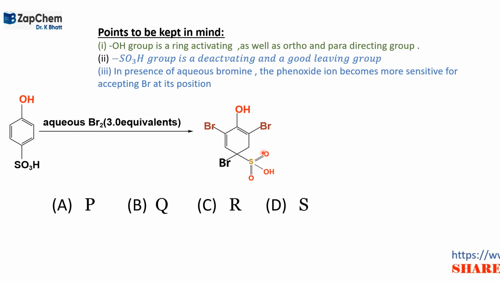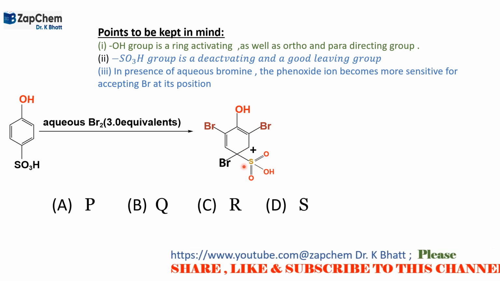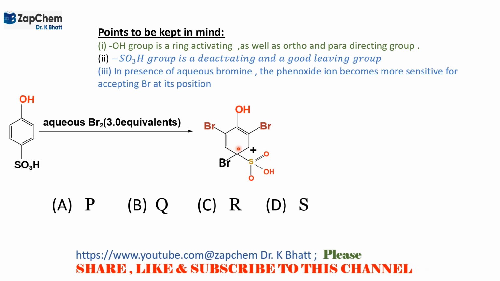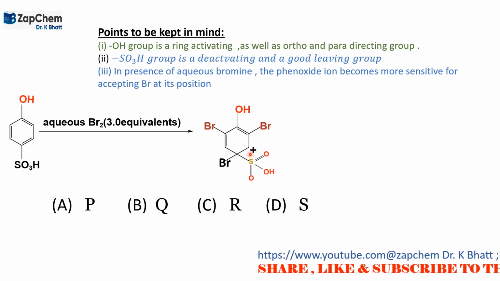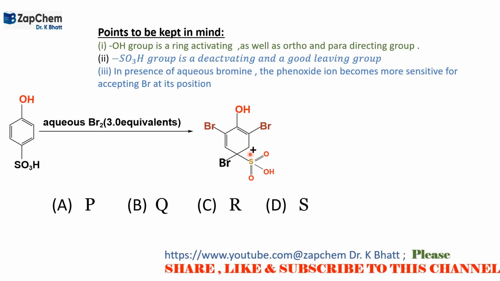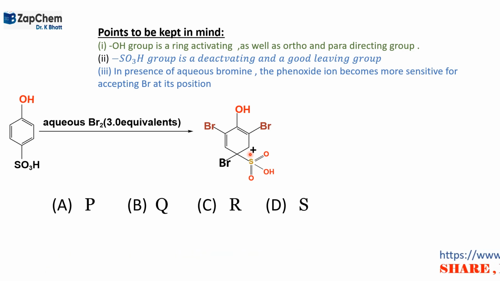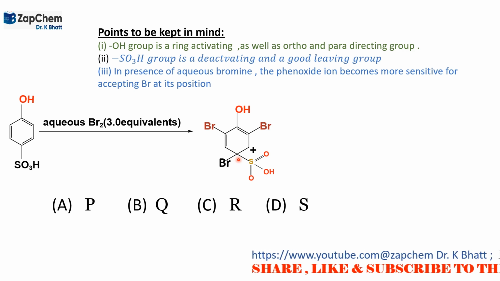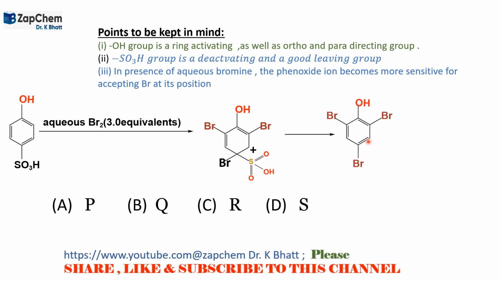Now SO3H is a good leaving group. Accordingly, it has a tendency to get out. And here, one of the bonds of benzene, a covalent bond, is broken, and it becomes positively charged. Accordingly, bromine can firmly attach to the para position, and you get a product which can be represented as this.